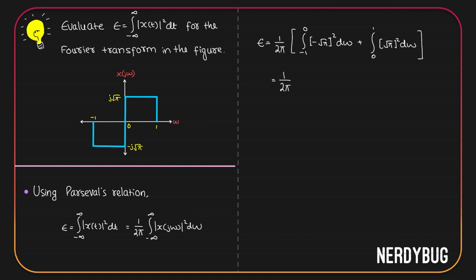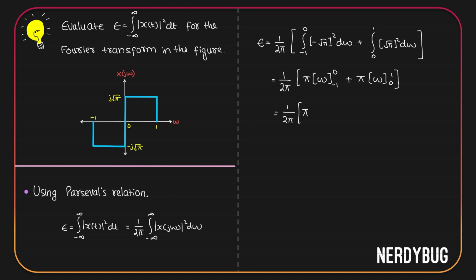Now this becomes 1 by 2 pi. Square of root pi is pi. And pi is a constant, so we can take it out. Integral d omega is omega. Limit is from -1 to 0. Plus, again root pi square is pi and it's a constant. It can come out of the integration. Integral d omega is omega. Limit is from 0 to 1. So this becomes 1 by 2 pi.